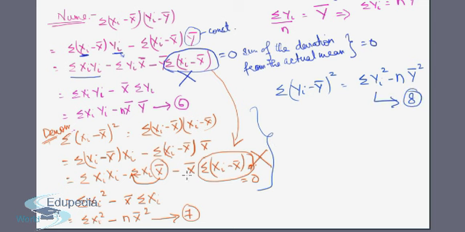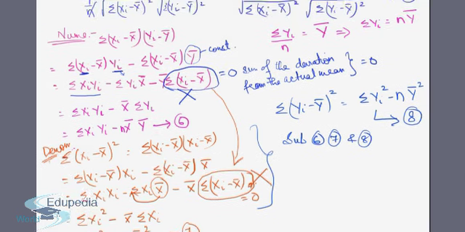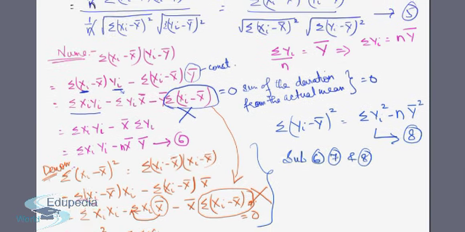Okay, so now I have 6, 7 and 8. Let me take all of these three and substitute them. Substitute 6, 7 and 8 in the previous form, that is the one here, which is your equation number 5.